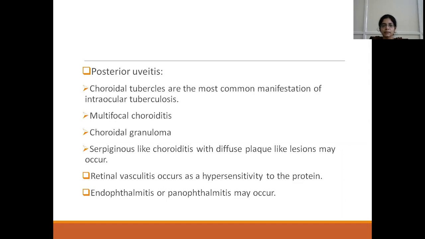So it can cause choroidal tubercles, multifocal choroiditis, or sometimes just solitary granulomas. Now it can also cause, most importantly, retinal vasculitis. Retinal vasculitis is inflammation of the retinal vessels which can lead to exudation. So all these are features of tuberculosis.